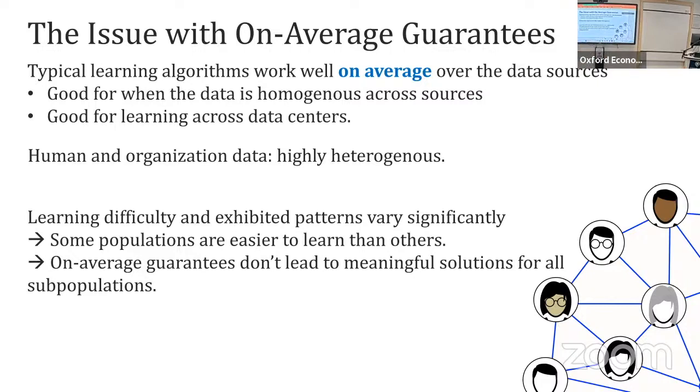If you could learn a Bayes classifier and the populations agreed on it, then there is technically no trade-off. You could provide on-average guarantees or not. But the issue is that it's essentially impossible to learn that Bayes classifier well, and that's why you have to give something up. And when you give things up on average versus per population, the solutions start looking very different.